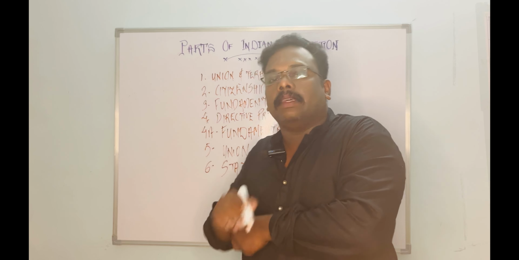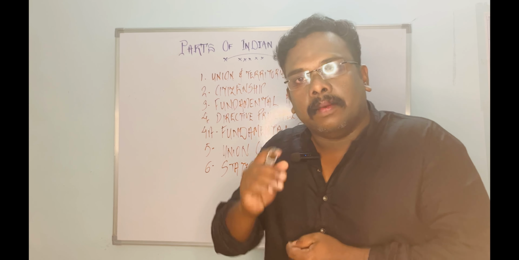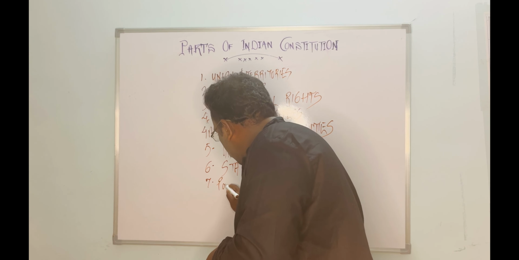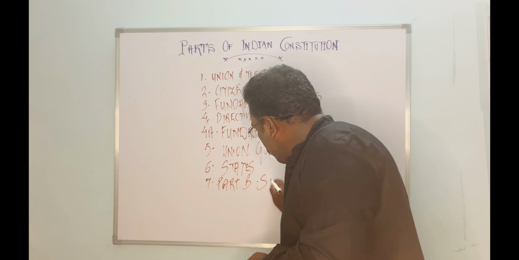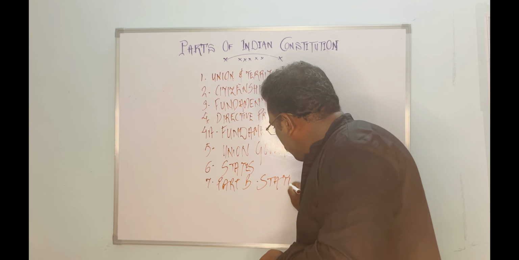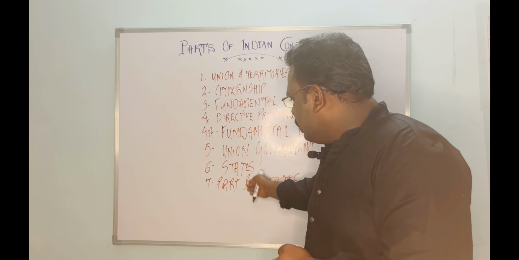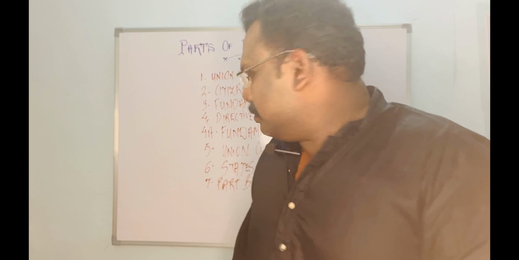So the seventh part of the constitution got removed. That is part B, states. Now you see union government, states, part B, states. Then we have union territories.